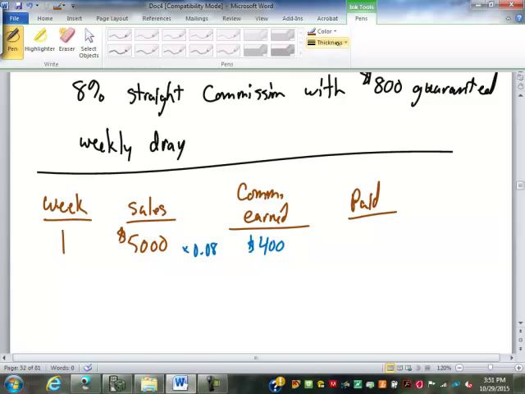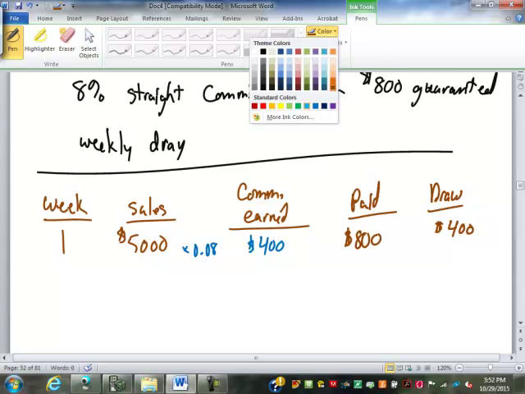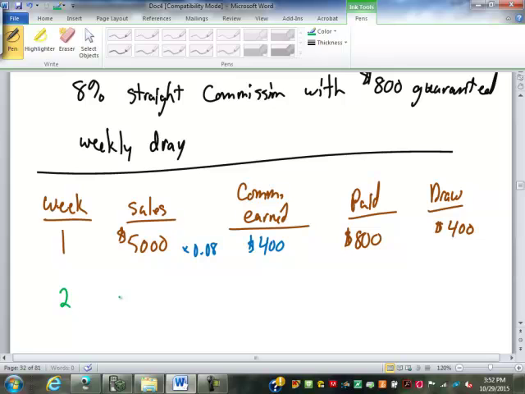What are we going to get paid? 800. But we didn't earn 400. So the rest of that, 800 minus 400, is what they call a draw. Week 2, let's say sales have increased. You sell $7,000.